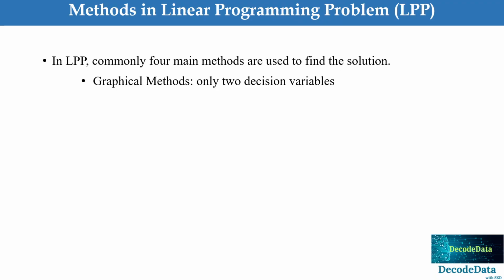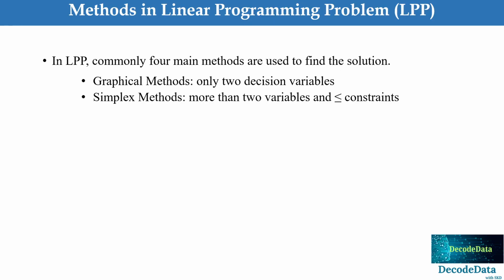In case of your problem, normally we have the decision variables. If we have only two decision variables in our problem, we can use the graphical method. What it means is that you cannot use the graphical method if you have more than two decision variables in your linear programming problem, right? So this is one of the restrictions when we go for the graphical method.